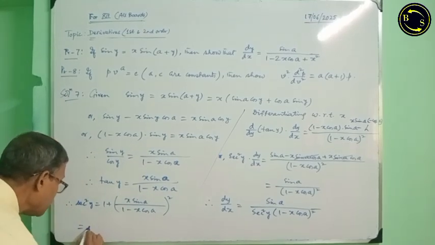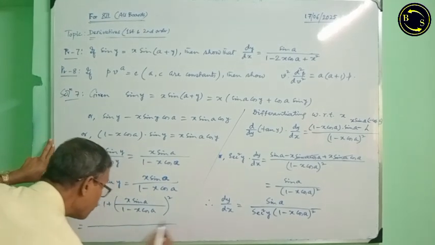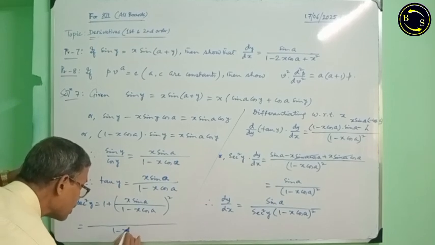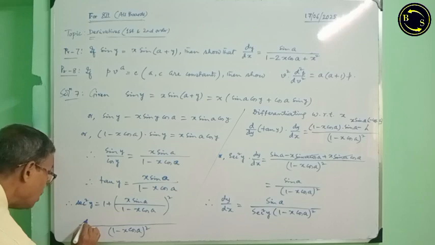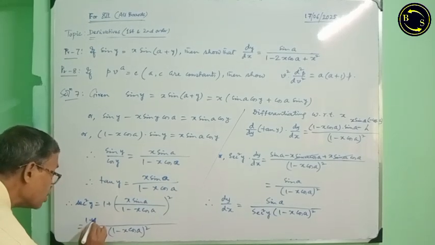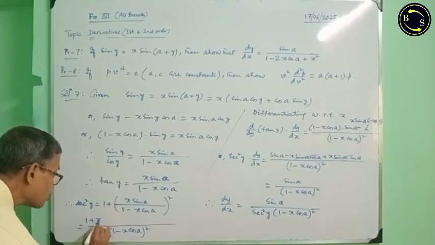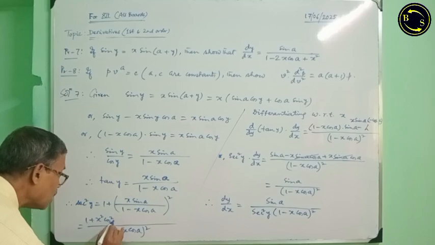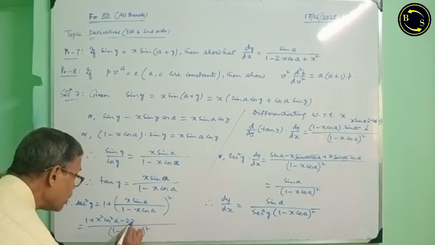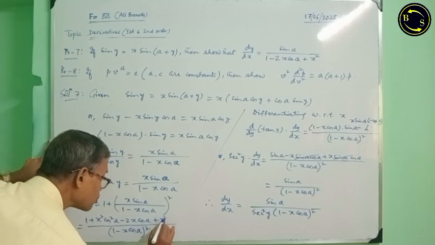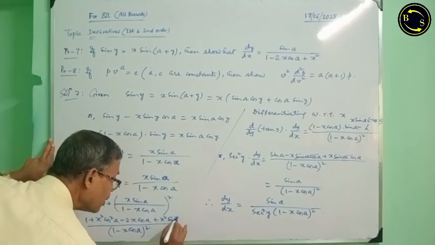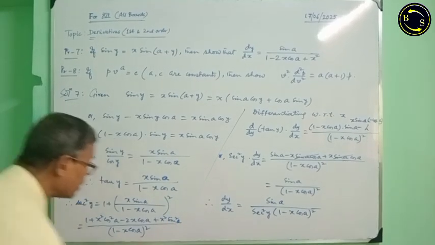We simplify: 1 minus x cos a whole square, 1 plus x square cos square a minus 2x cos a plus x square sin square a.